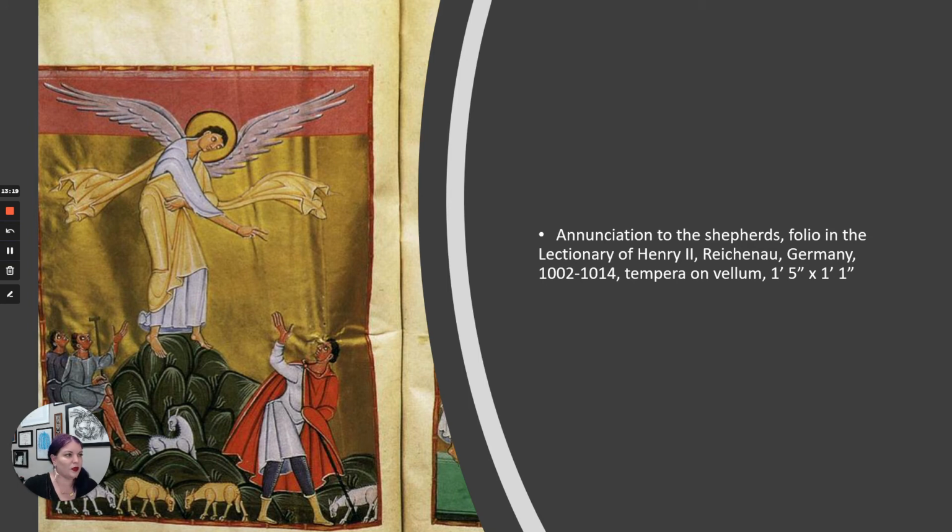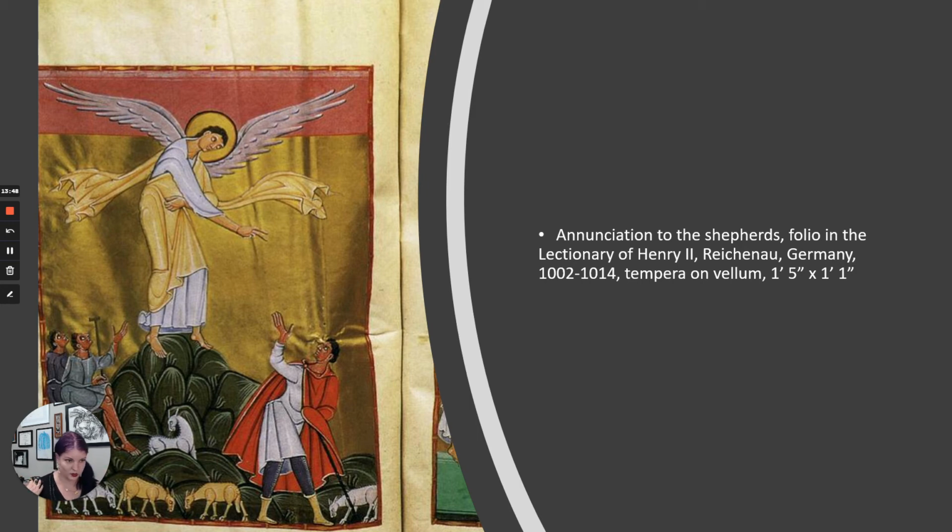This is from the lectionary of Henry II. Henry II succeeds Otto III. His book is the most noteworthy art of his rule, so we can see a return to this very abstract kind of look that we saw in the Byzantine, where we have these solid gold backgrounds, really arbitrary folds in fabric, everything's very stylized.